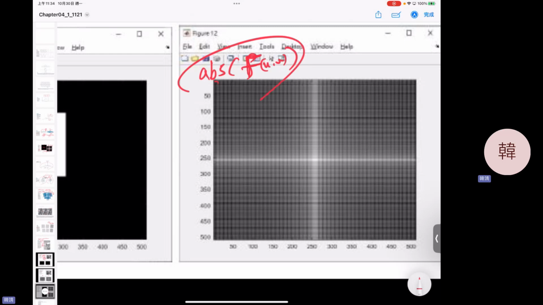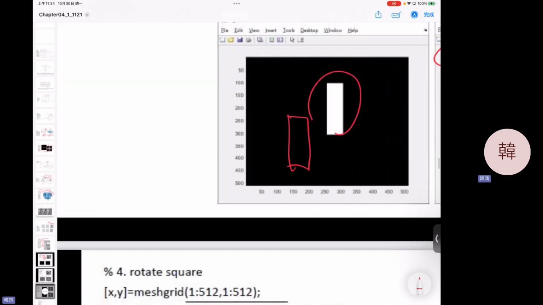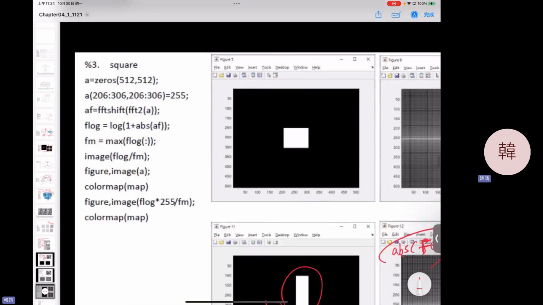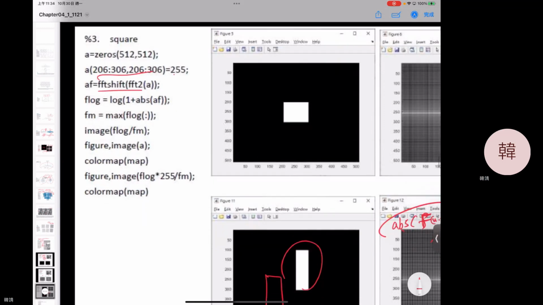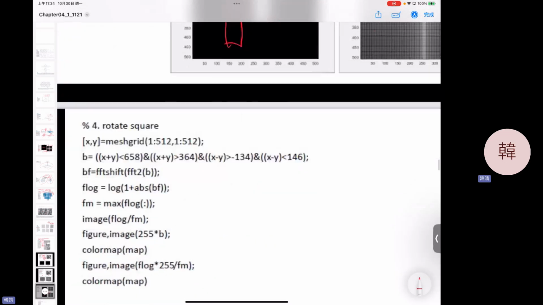The phase spectrum will be different at different locations, but the amplitude is the same. So it's easy. You just design some different images and take a look. You can follow this to do that.